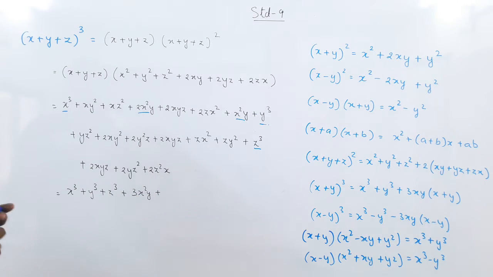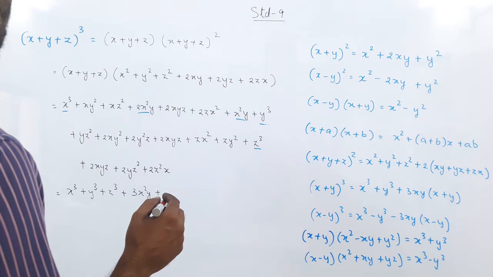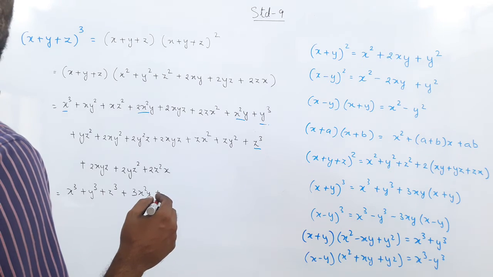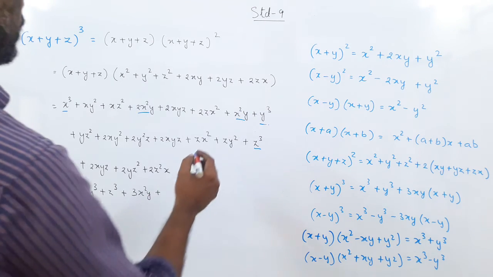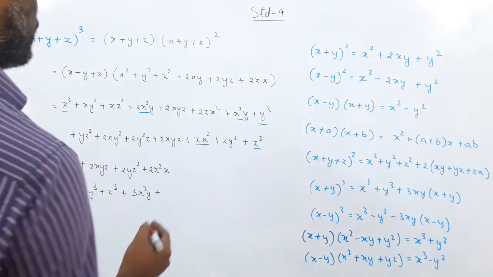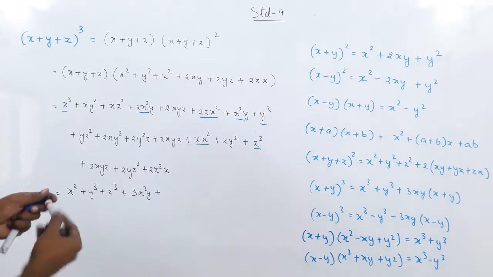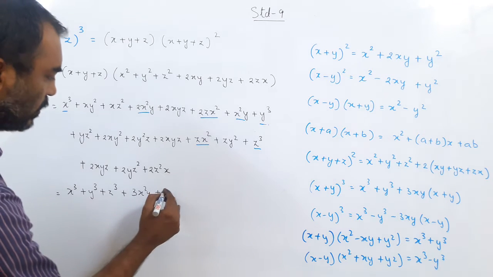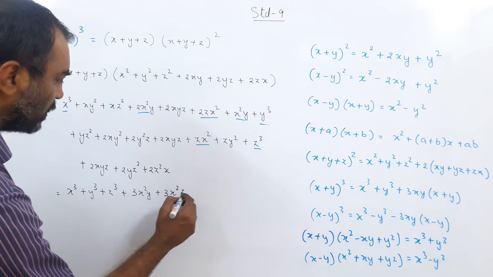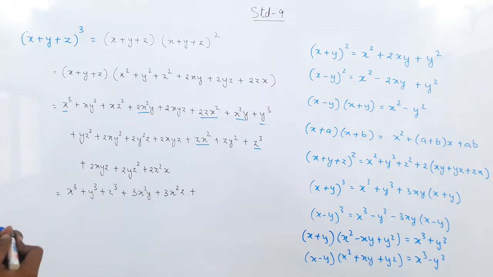Plus the x²z. Let us evaluate the x²z. Here's the x²y and the zx² and 2zx², right? So we can write it as 3x²z.